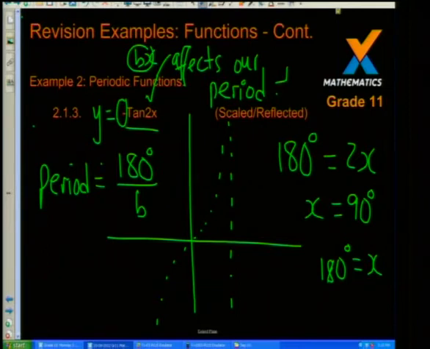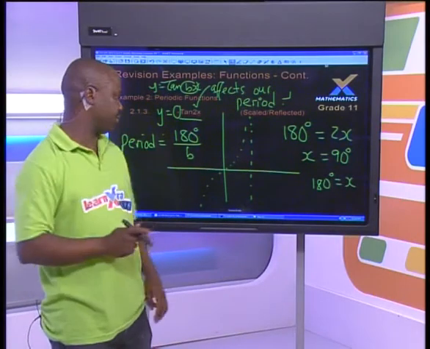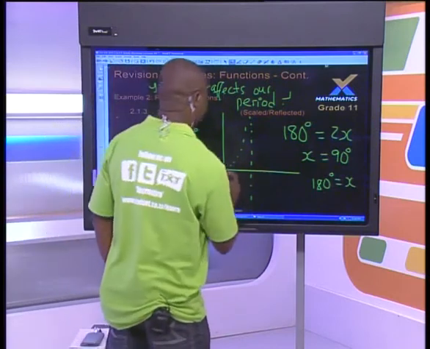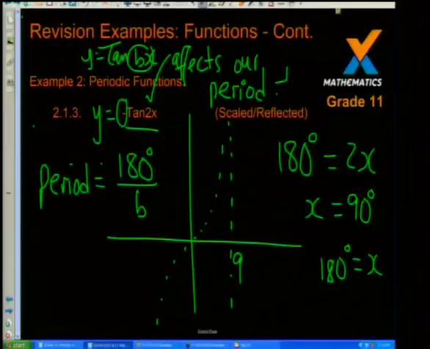That would have been y equals tan of bx. You just take the value of b and divide it into the period that you have. You do the same if it was the sine and the cosine, but you would have to use 360 as the period. So this tells me every 90 degrees, I will have this graph.